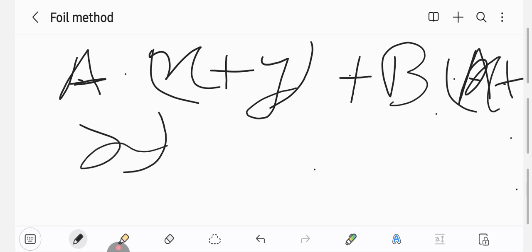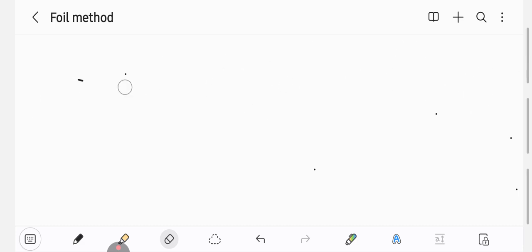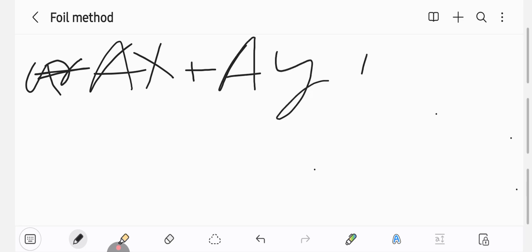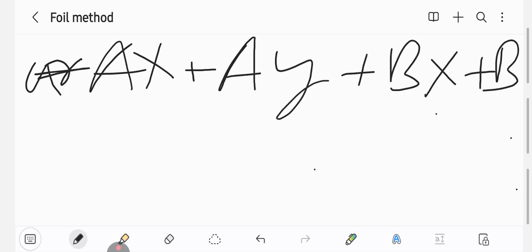Sometimes it can be really confusing, but it's not really confusing when you think about it. So now we use the distributive property, because x plus y was added a times and x plus y was added b times. So we get ax plus ay plus bx plus by.